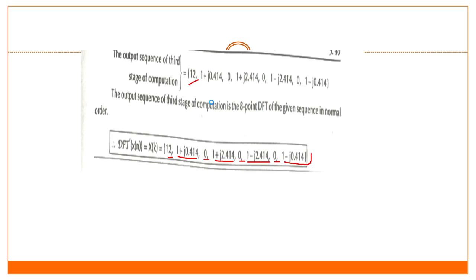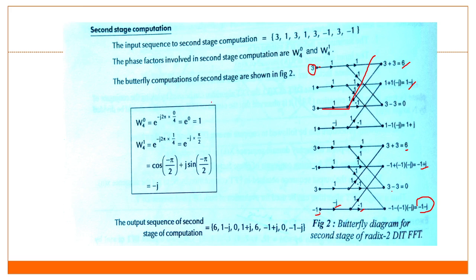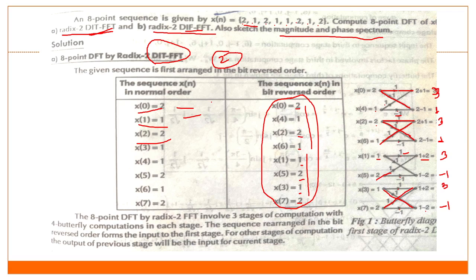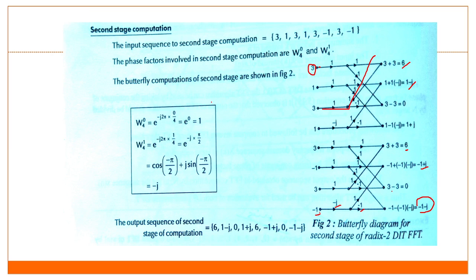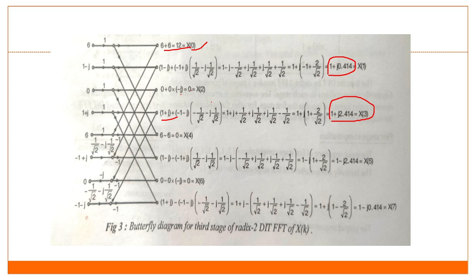So this is the output of the sequence using the DIT algorithm. If you have any doubt, you can mention it in the comment box. The remaining portion of the odd part you have to calculate. You can pause the video and solve it. I have calculated for 4 points; the remaining 4 points you have to calculate.